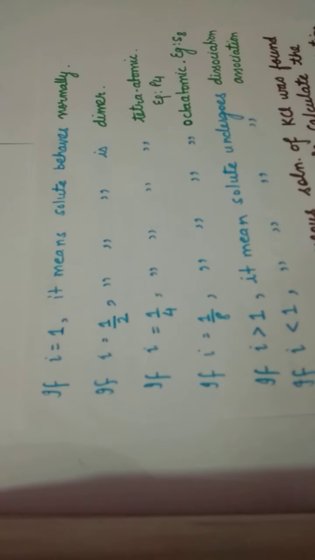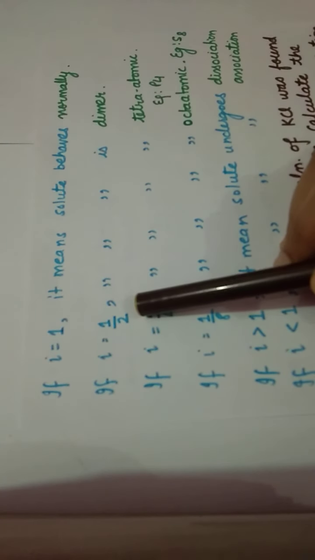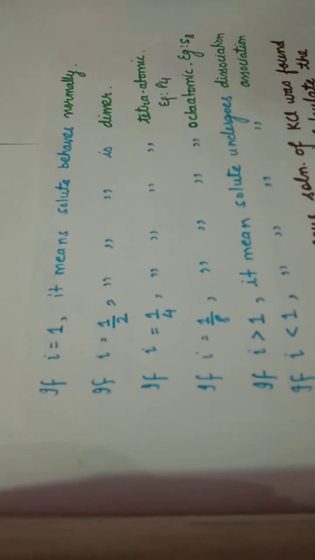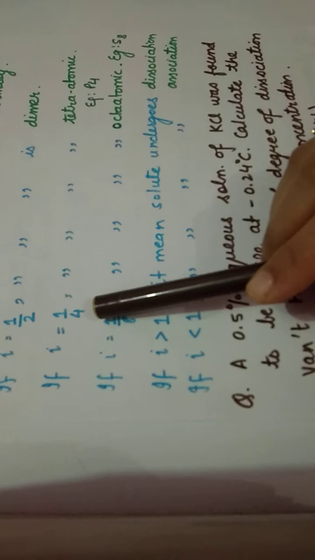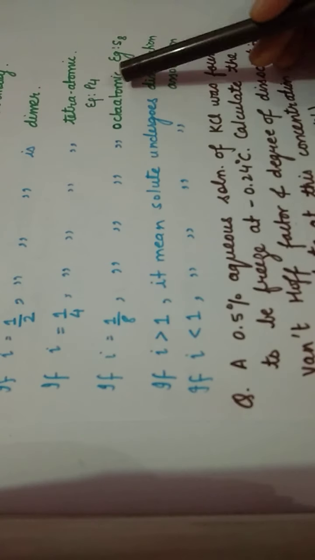There is no association or dissociation. If i comes out to be 1 upon 4, then you say that the solute is tetraatomic, 4 atoms it is having.